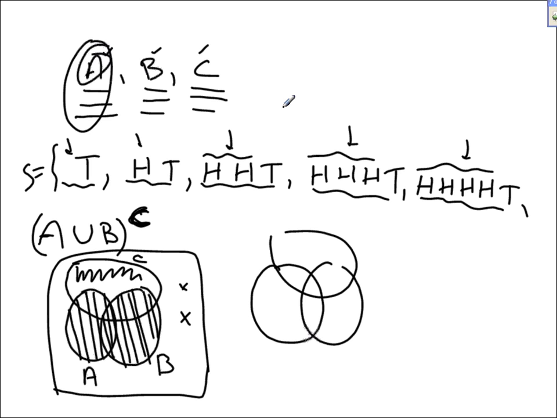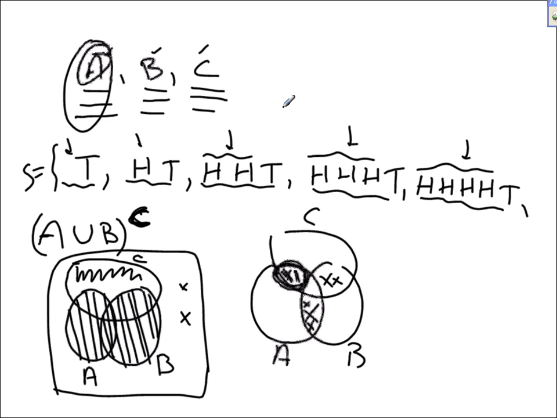In fact, if you think about it, there's really no intersection. If this is A, B, and C, for example, this area here means A and C. In here is clearly in A and C. Well, A and C can't win. B and C can't win. A and B can't win.